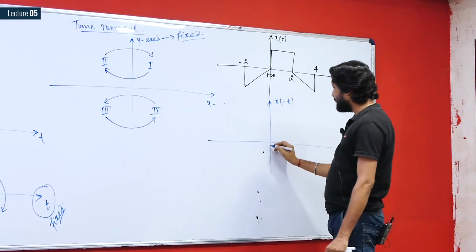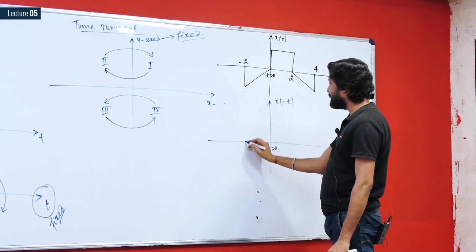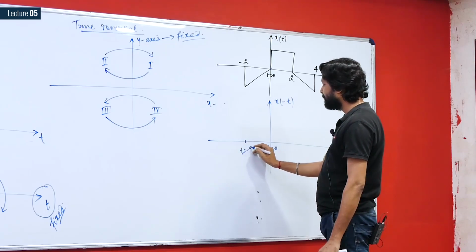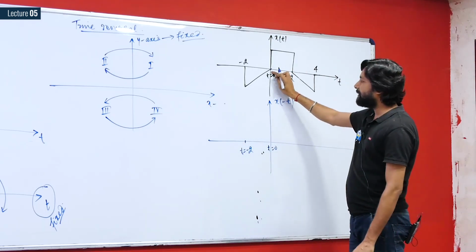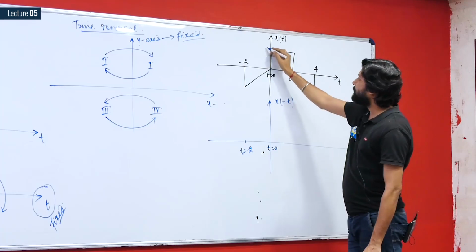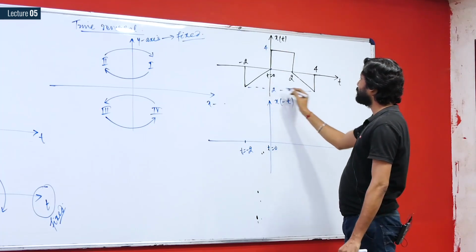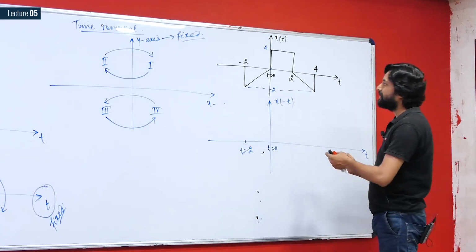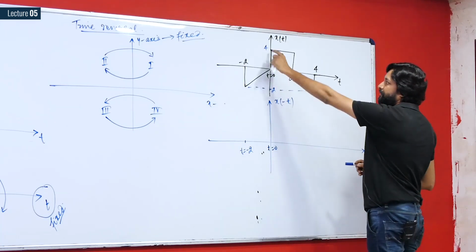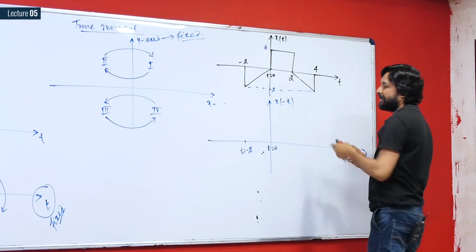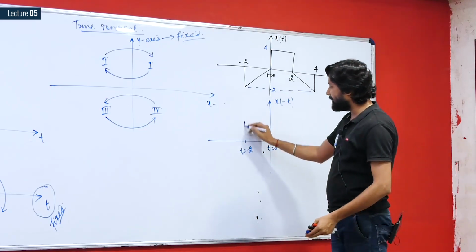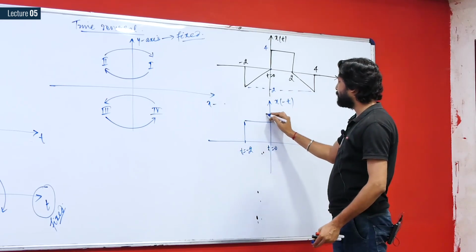Let this be the point t equals 0 and this the point t equals minus 2. If the signal earlier had value 4 between 0 and plus 2, then now between minus 2 and 0 the value will be 4.